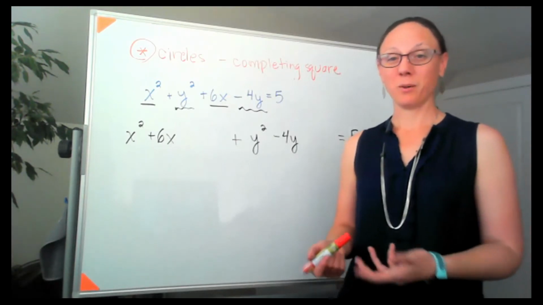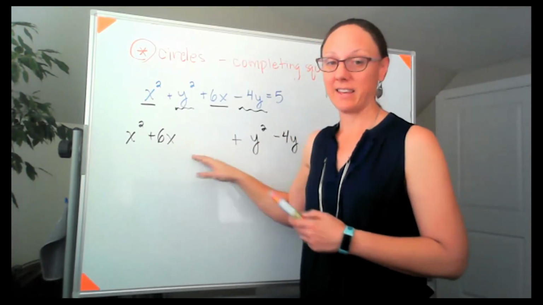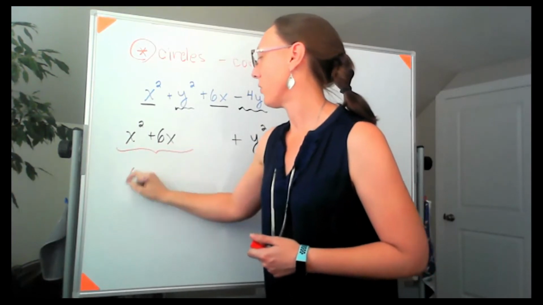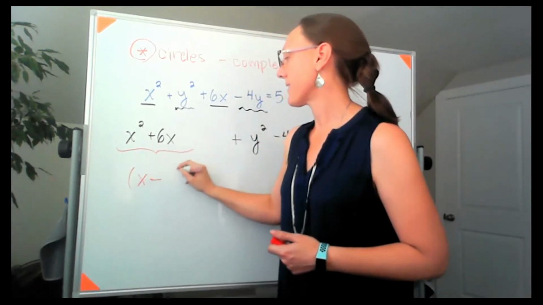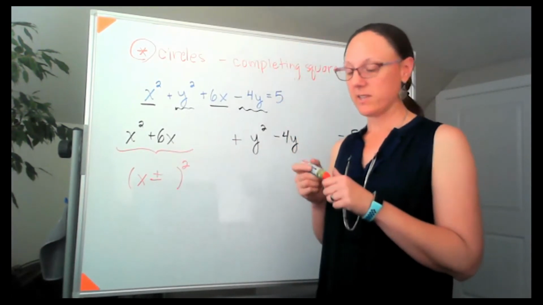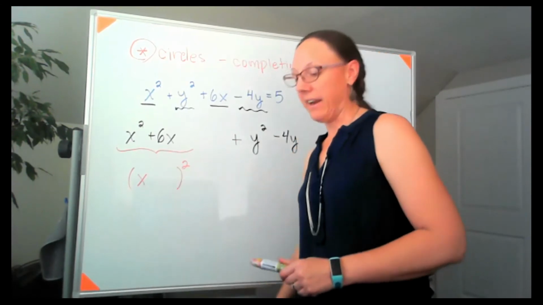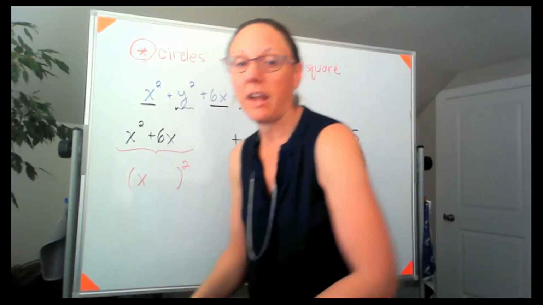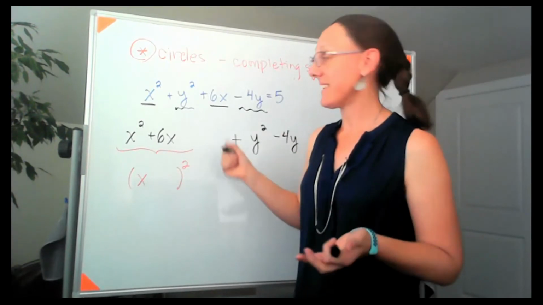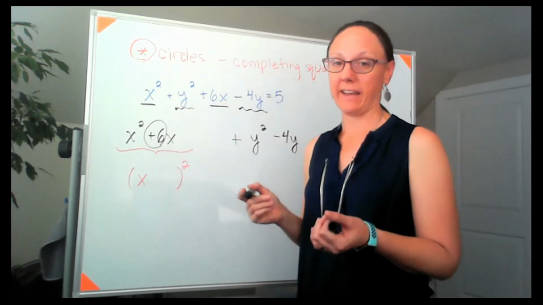If I'm going to complete the square, that means I'm trying to write this in a form that looks like (x plus or minus something) squared. I'm looking for this to be a perfect square, and I know that what goes inside is half of the coefficient on that x.